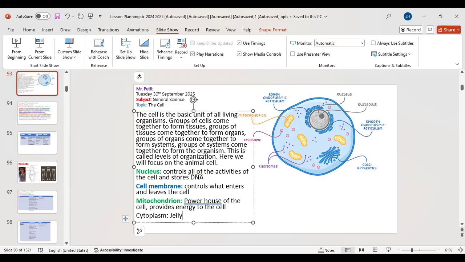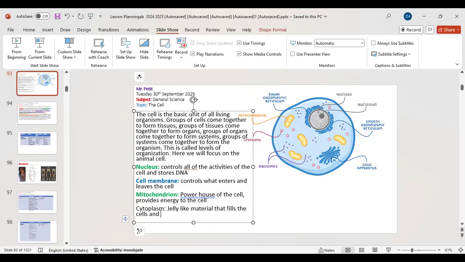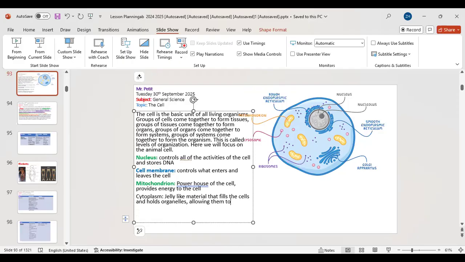That's going to be the jelly-like material that fills the cell and holds organelles, allowing them to be suspended in the cell. It's also the site of chemical reactions.